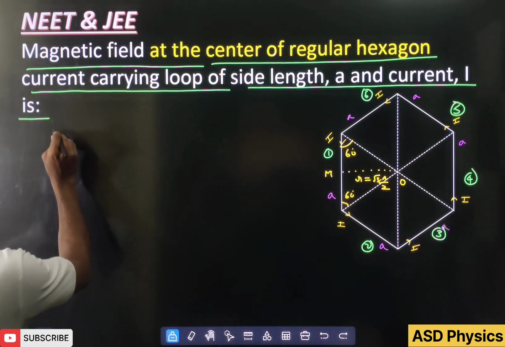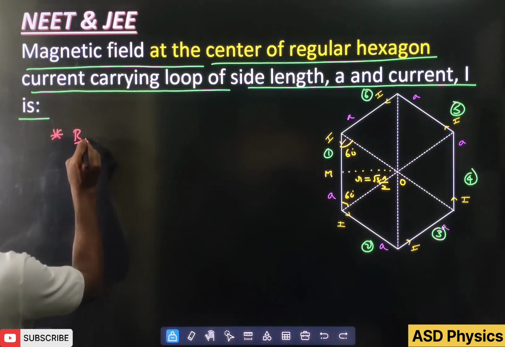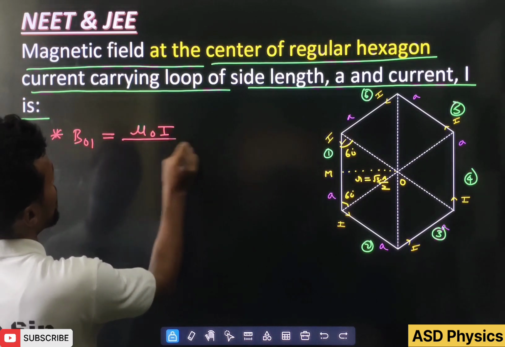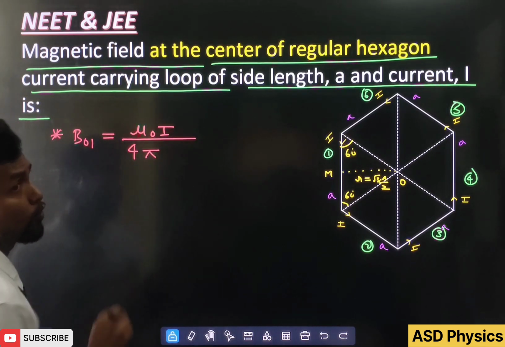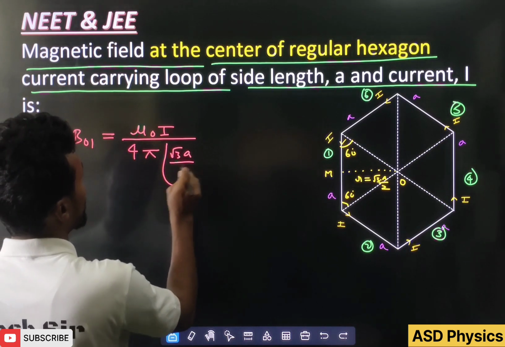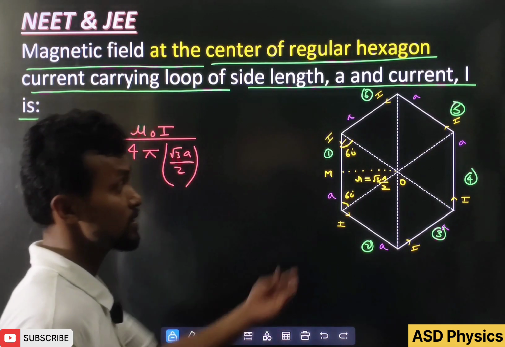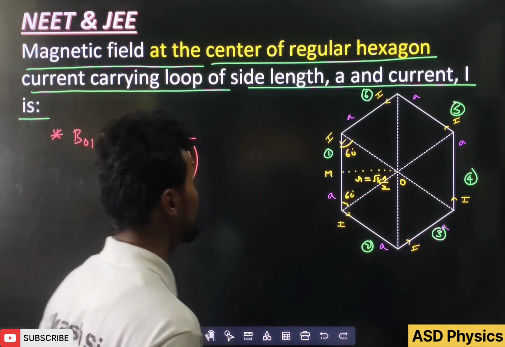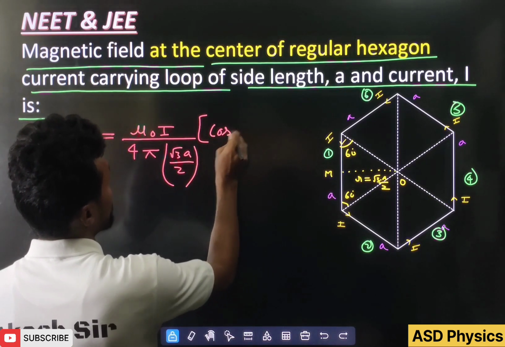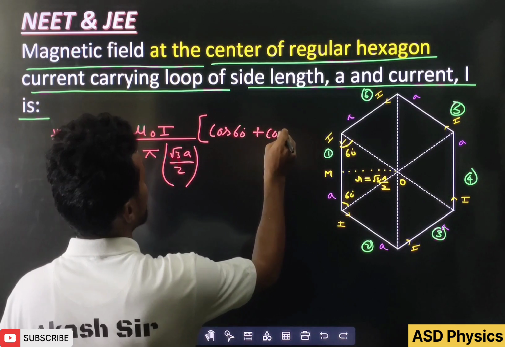So if I write the magnetic field at point O due to section 1, it is given by mu naught I by 4 pi R, and R value is root 3a by 2. Correct? Equilateral triangle. And after that cos theta plus cos phi. So it will come cos 60 plus cos 60.